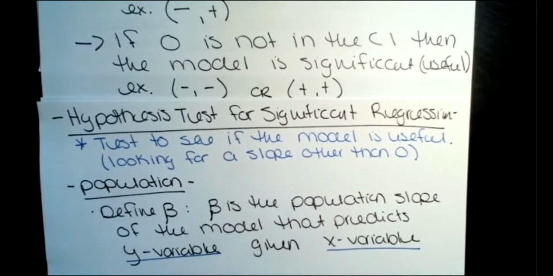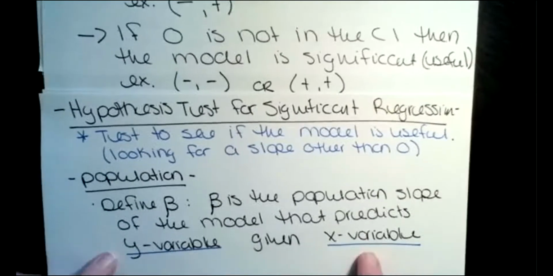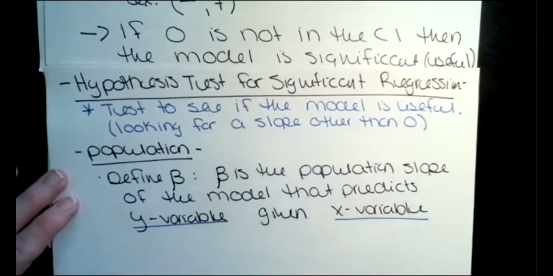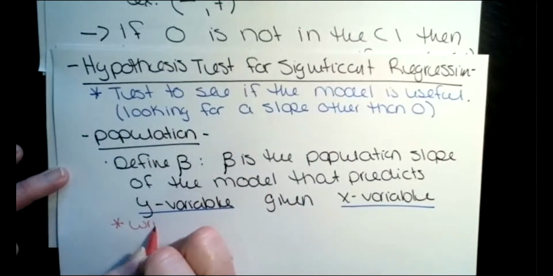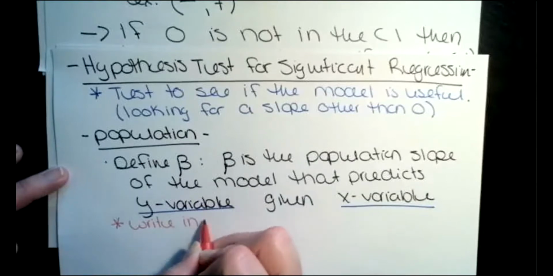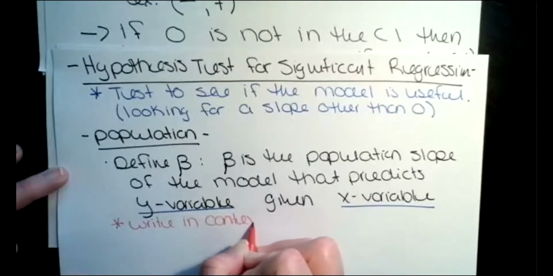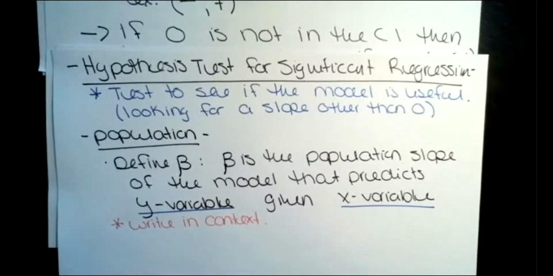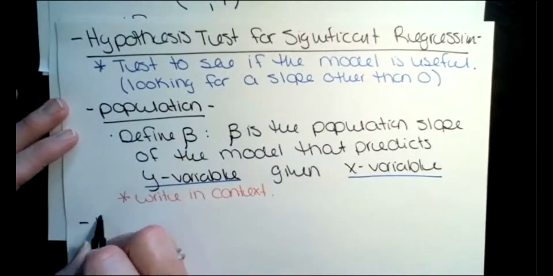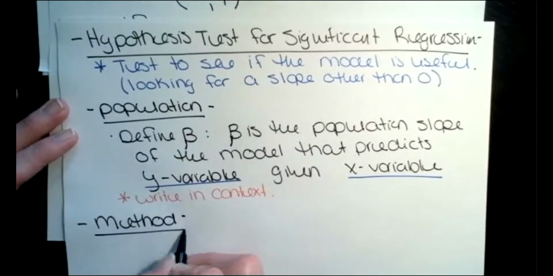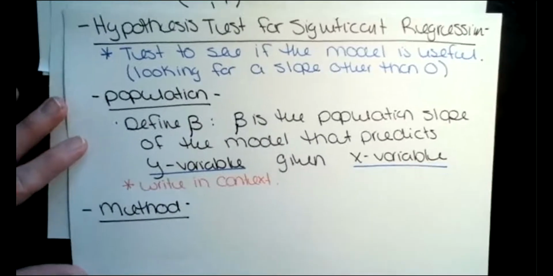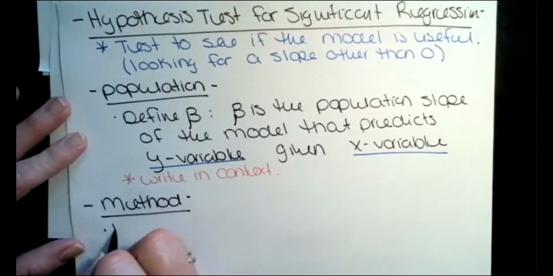So I want that in the context of the problem always, right? I don't want you to write it like this. I want you to write it in context. I'm going to write this down because I want you to know. Everything should be written in context all of the time, right? So now we're going to jump down to our method step. And for a method step, we're just going to identify and define our null and our alternative. So think about what we're studying here.